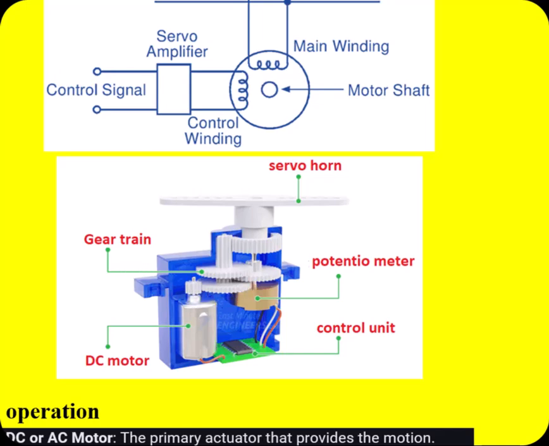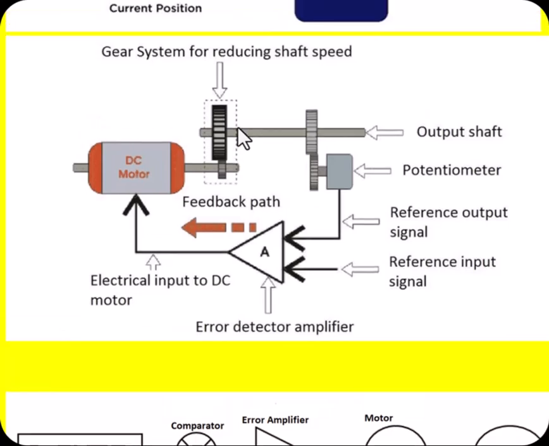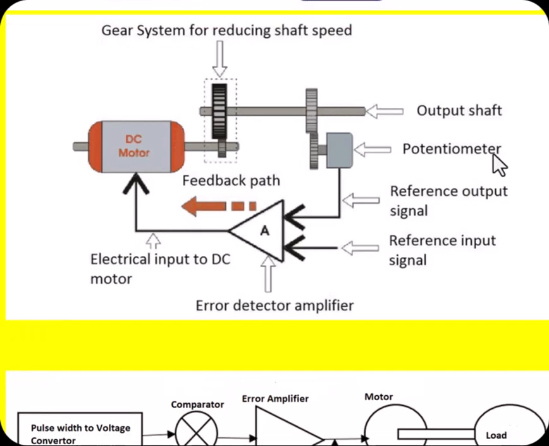Let us see its operation. This is the DC motor whose shaft position is to be controlled or fixed. The DC motor shaft is connected to the gear system, and that gear system is connected to another shaft, the output shaft, and that output shaft is connected to the potentiometer.